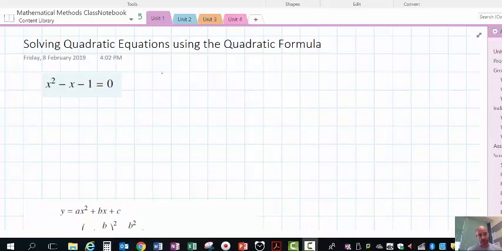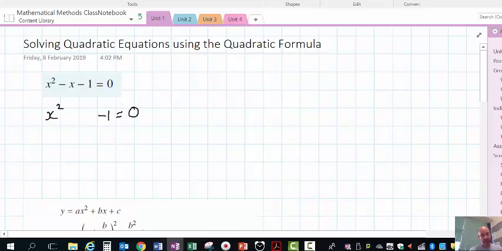From previous work, we need to decompose the middle term, so we've got x squared, decomposed middle term, minus 1 equals 0. We need to find two numbers that multiply together to be -1, and the same two numbers add together to be -1.